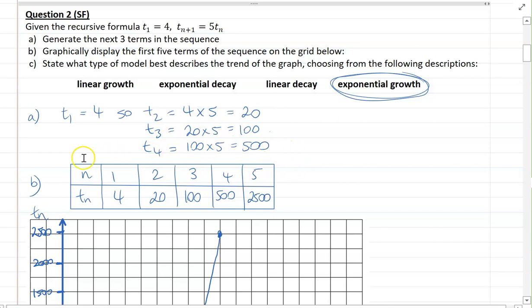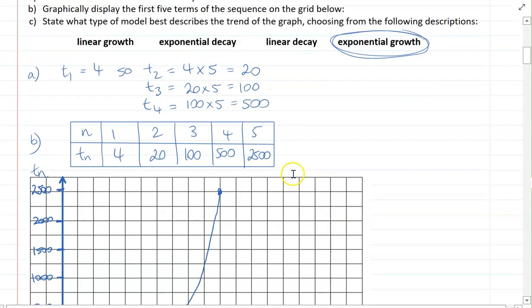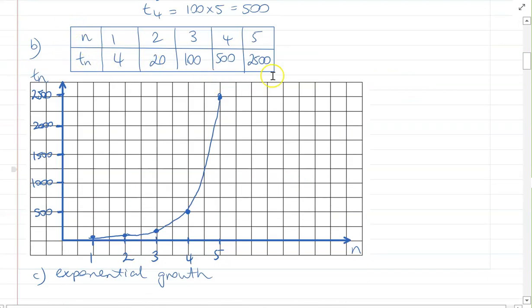So if I continue that and create this table of values, we should have those values generated to give you 5 sets of coordinates to plot, remembering that your positional value, your n value, goes on the bottom, and the term value itself goes on the y-axis. And to answer question C, you should be able to see that it's exponential growth.